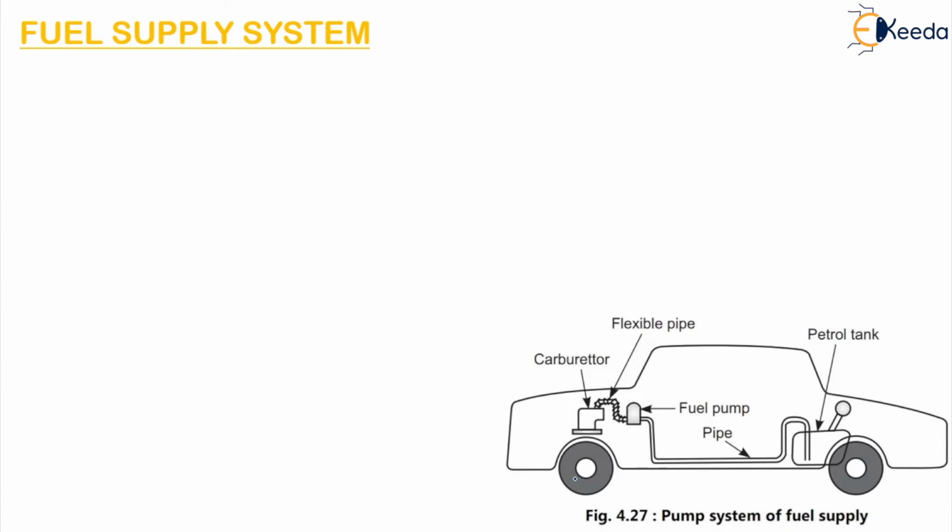In this system, a steel pipe carries petrol to the fuel pump, which pumps it into the float chamber of the carburetor through a flexible pipe. Here you can see this is the petrol tank which is present in the car, and this is the steel pipe which will carry the petrol to the fuel pump, which is present here.